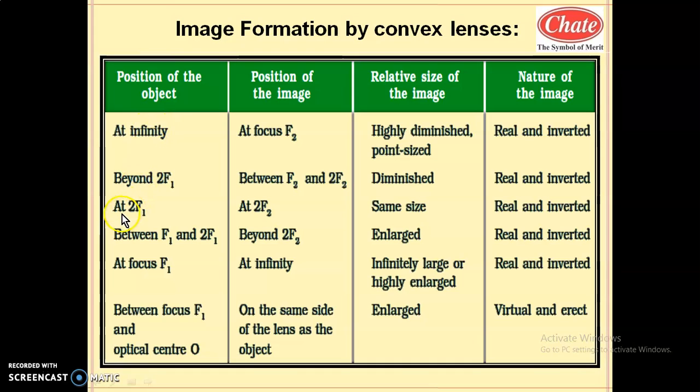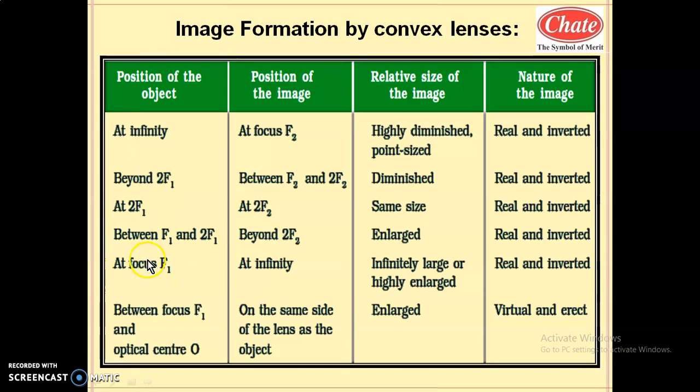The next condition is at 2F1, which we called 2F in the mirror case. The next possibility, which in the mirror case was between F and the center, is here between F1 and 2F1. The next position will be at F1.